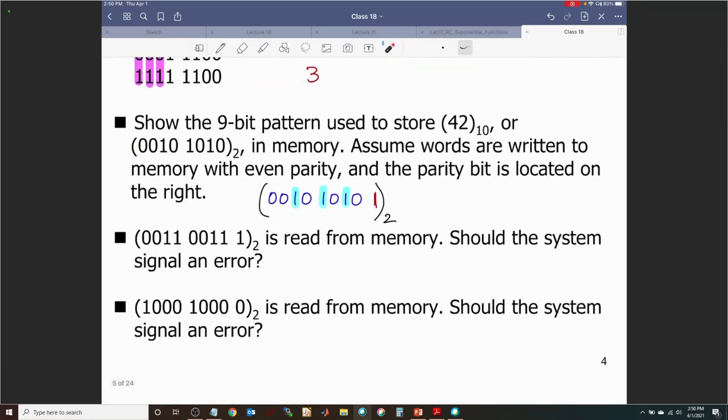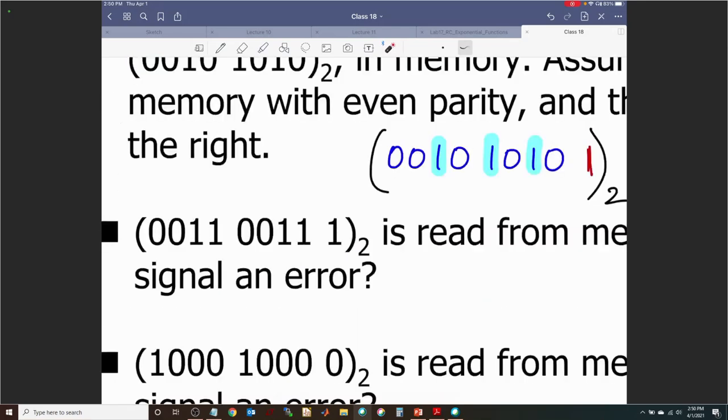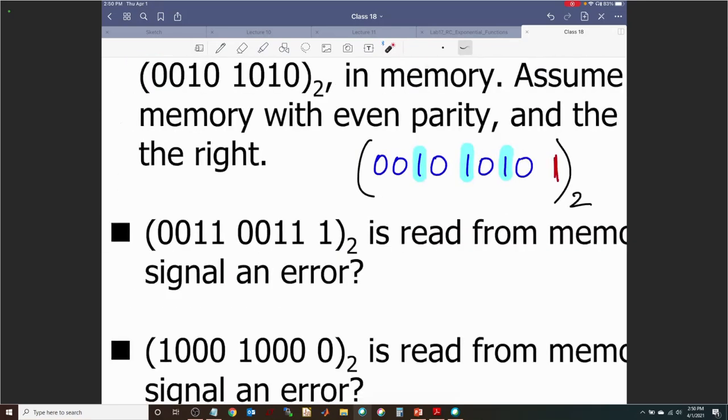All right, the next question is, you are reading a certain code word from memory. Should the system signal an error? How are you going to know whether an error has occurred or not? Well, you simply look at the parity, right? The answer, Rojan, is absolutely right. It is yes, because you have odd parity in the code word.